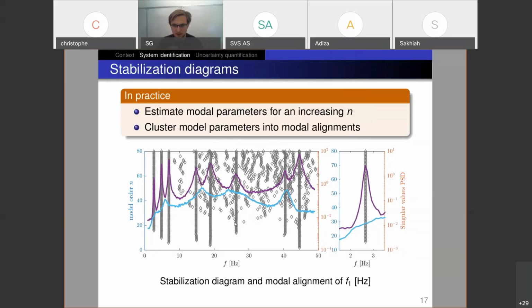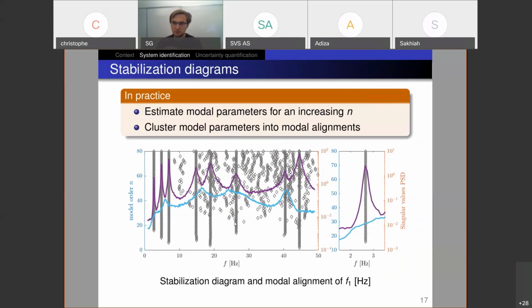So here on those two figures, we can see a stabilization diagram of natural frequency on the left, where the estimates of natural frequencies are computed for an increasing model order. They are stabilizing along some vertical lines, indicating that there are some stable modes there. And there are also some estimates which are completely scattered around this diagram, which correspond to the mathematical or noise modes.